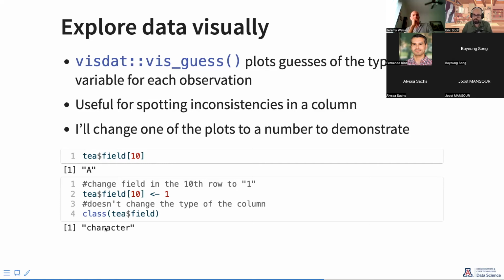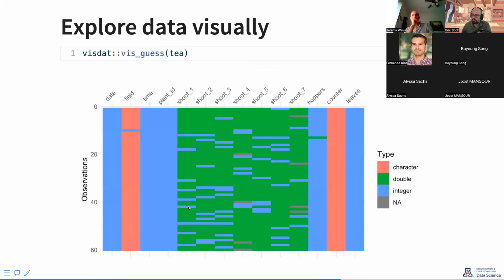It's still a character. So it's 1 in quotation marks, just text. And when we run VizDat viz_guess, we get another kind of similar looking visualization here. But now we see there's something going on with field here, where it's red, which corresponds to character for most of this, but this is the one that I edited and introduced that mistake purposefully. And it says, that looks like an integer to me, right?